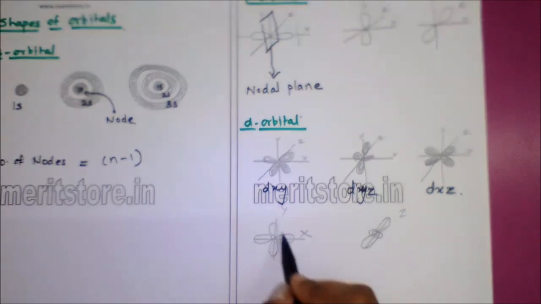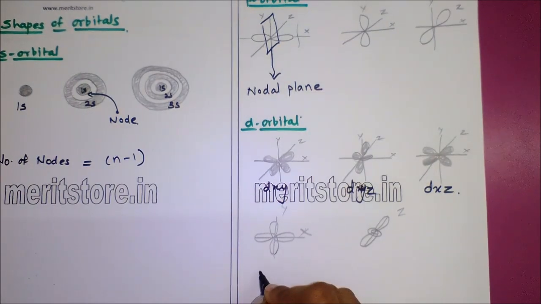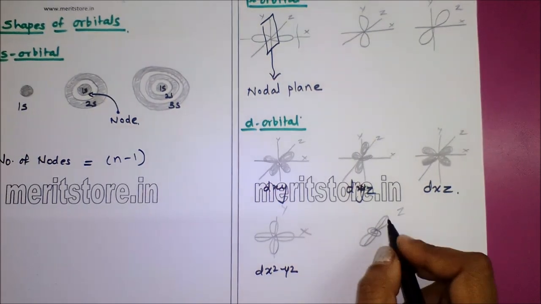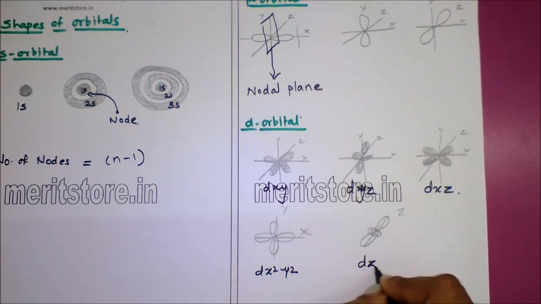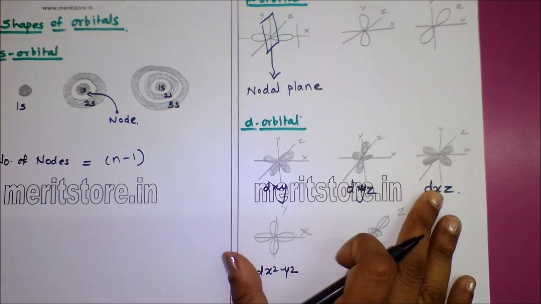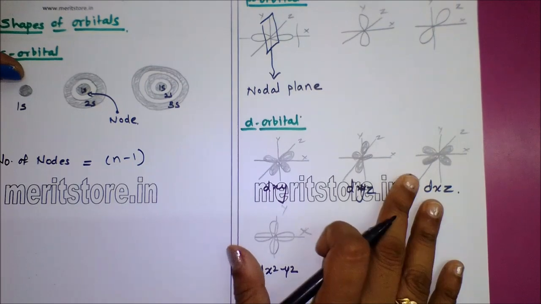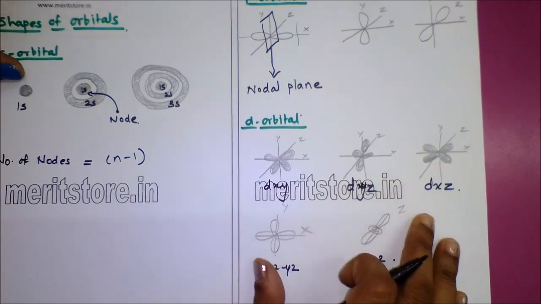The 4 lobes can also lie on the axes, so we call this dx square minus y square, and the one which has its lobes along the z axis, we call dz square. In the case of the d orbitals also we have different planes where the probability of finding an electron will be 0.